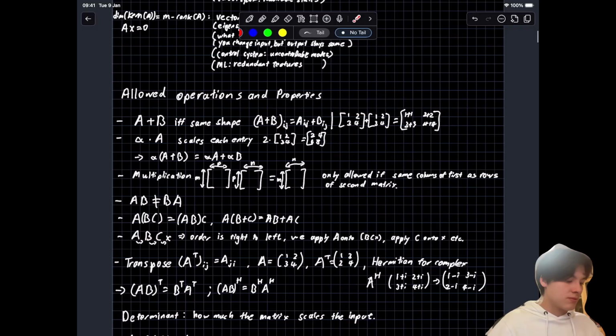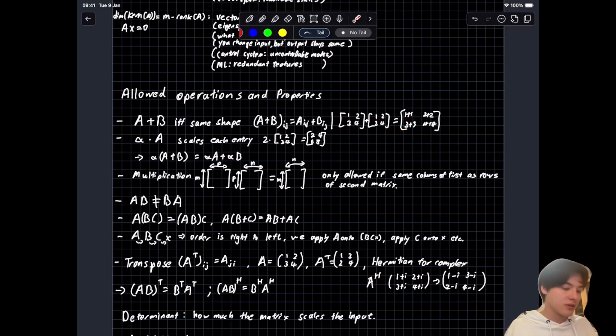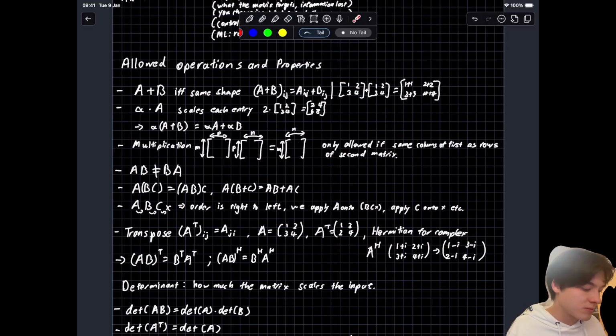So yeah, some operations and properties of matrices. A plus B we can do if it's the same shape. It would be just each cell adding each cell.